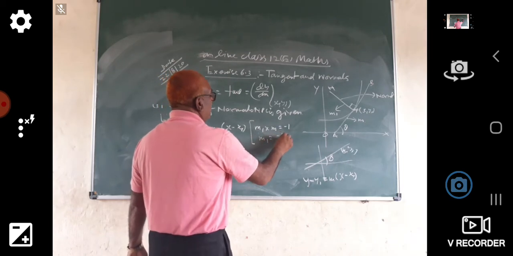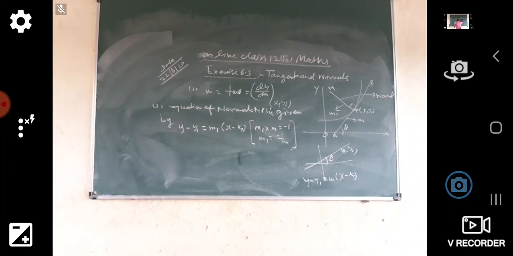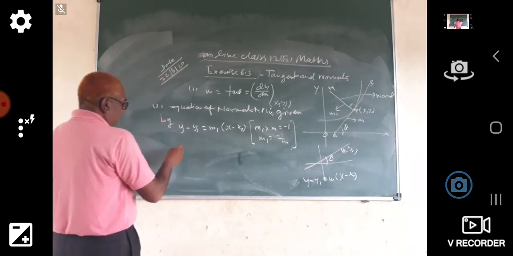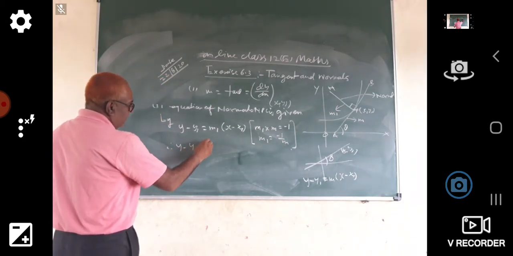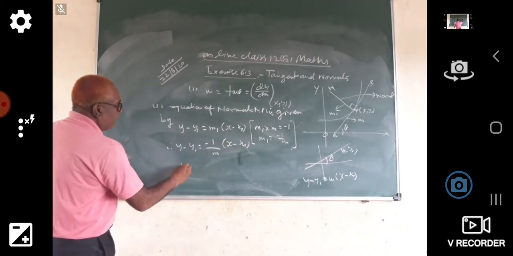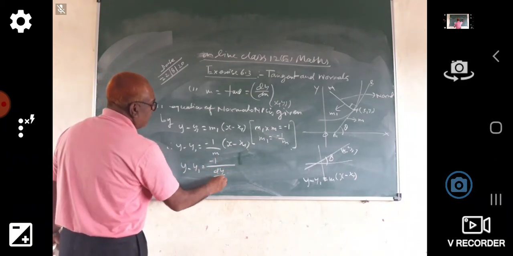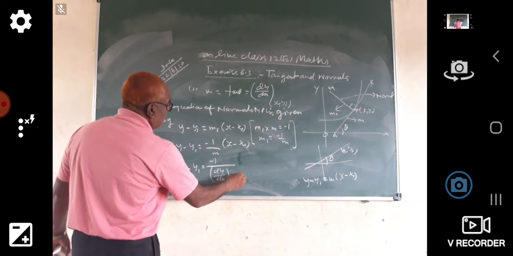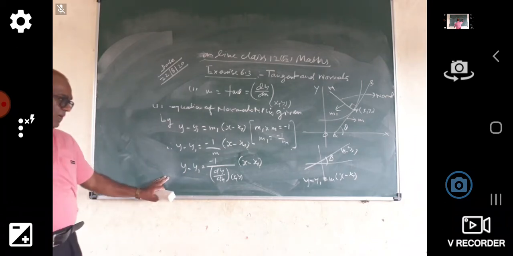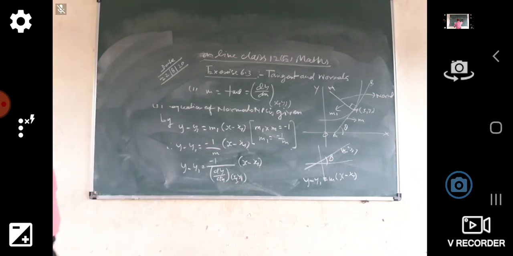Therefore m1 is equal to minus 1 upon m. So putting the value of m1, y minus y1 is equal to minus 1 upon m into x minus x1, where m is equal to dy by dx at x1, y1. So this is the equation of the normal of the line.